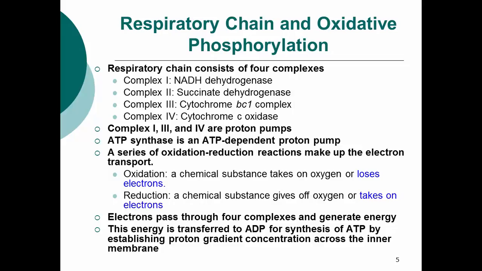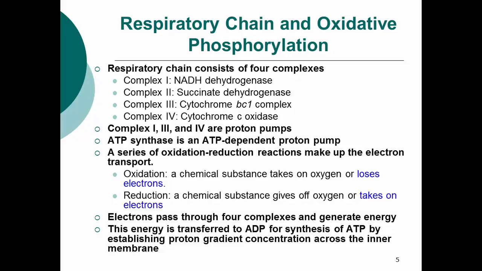For example, complex 1 has NADH dehydrogenase activity, complex 2 has succinate dehydrogenase activity, complex 3 is the cytochrome bc1 complex, and complex 4 is cytochrome c oxidase. But you don't have to remember each enzyme, just think of each as a complex of many enzymes involved in oxidation-reduction reactions, right?